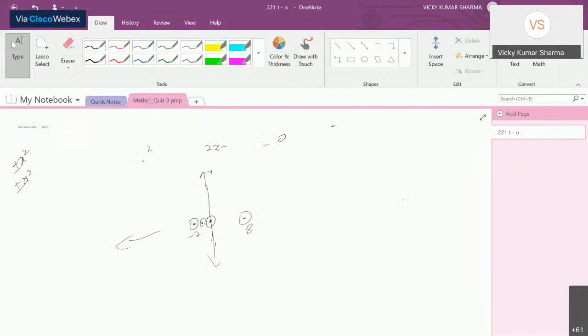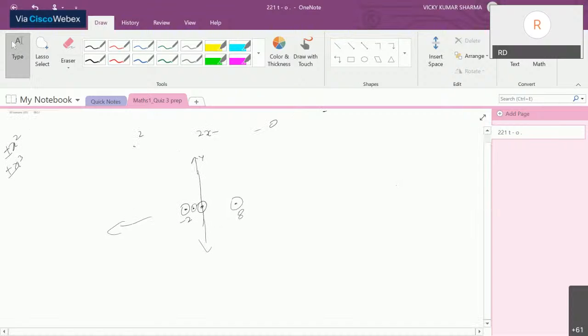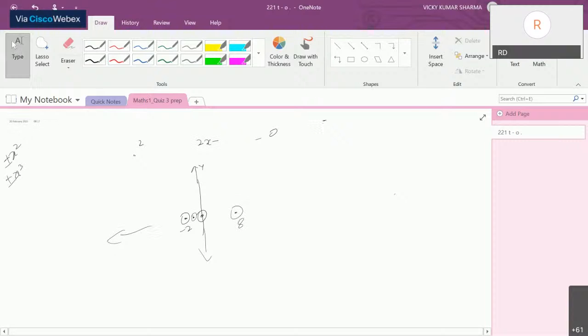What was the graph given to me? Just give me a minute, Apul, okay? Sure, sir.